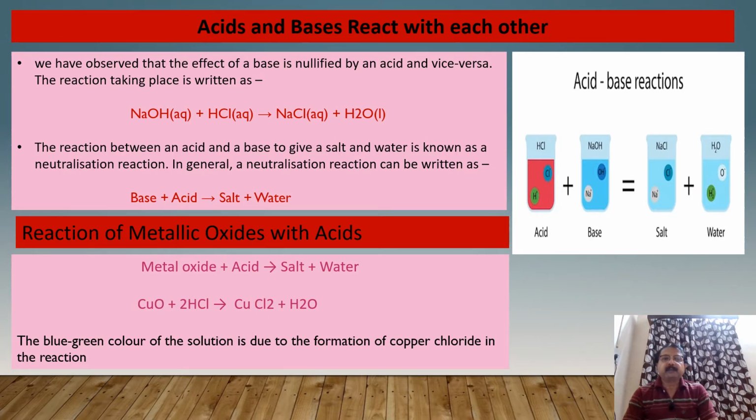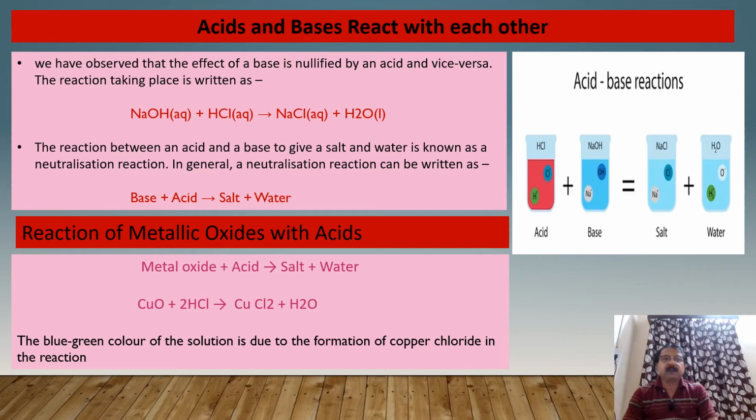So resultant is sodium chloride, that is NaCl, plus H2O. NaCl is salt. The reaction between an acid and a base to give a salt and water is known as a neutralization reaction. In general, a neutralization reaction can be written as base plus acid is equal to salt plus water.